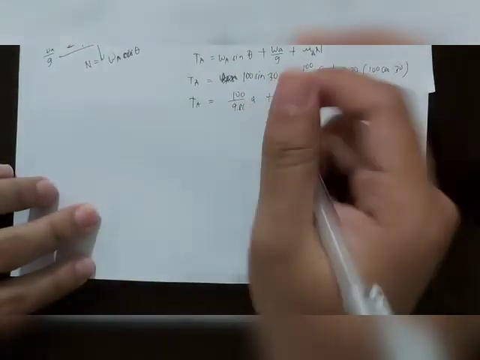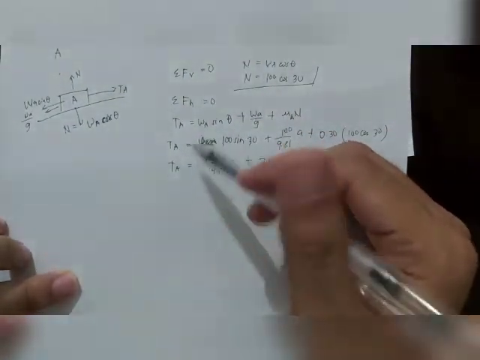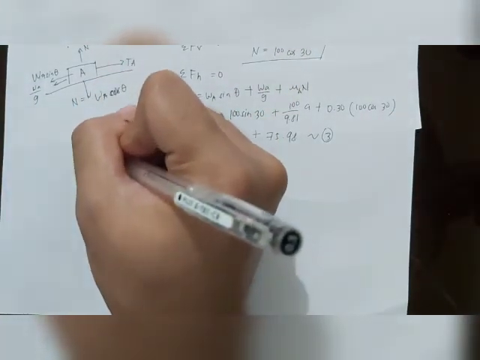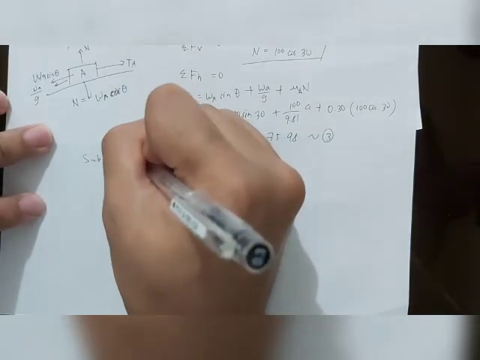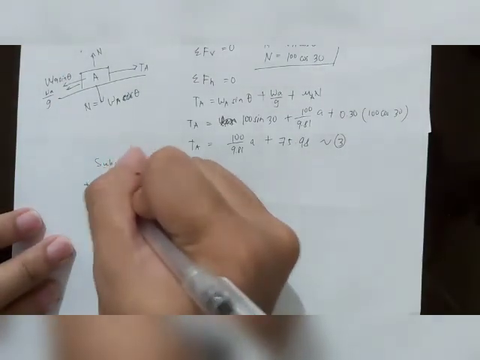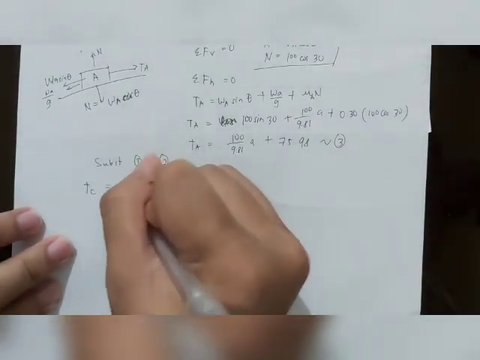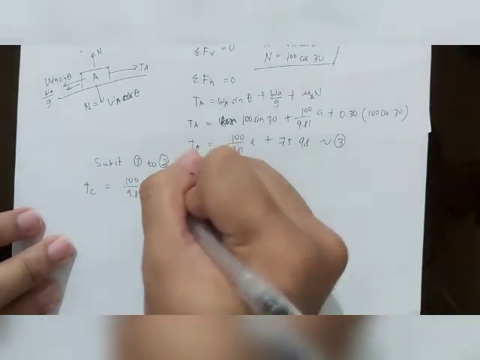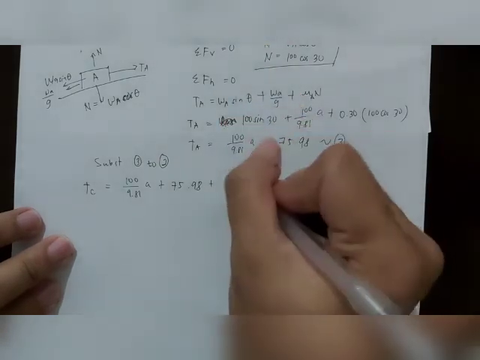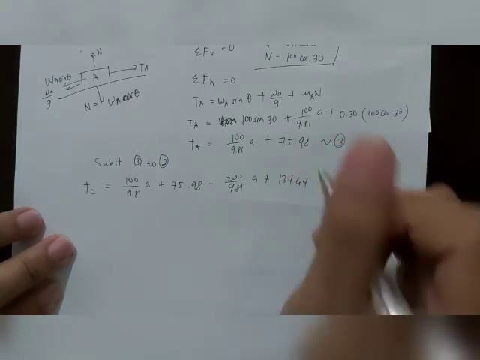So next, we substitute equation 3 into equation 2. We replace this T_A here. So we have T_C is equal to T_A, which is 100 all over 9.81 a plus 75.98, plus 200 all over 9.81 a plus 134.64.